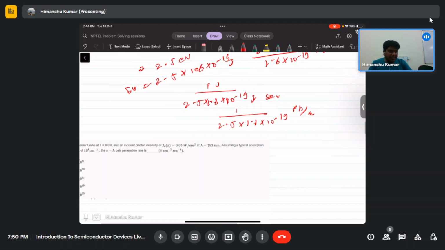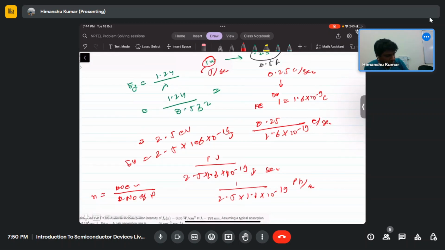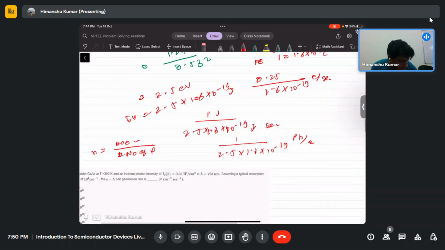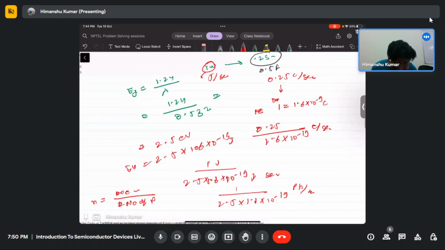So efficiency is basically the number of electrons you are generating divided by the number of photons. We can just calculate this.